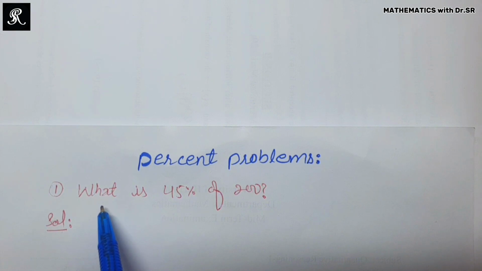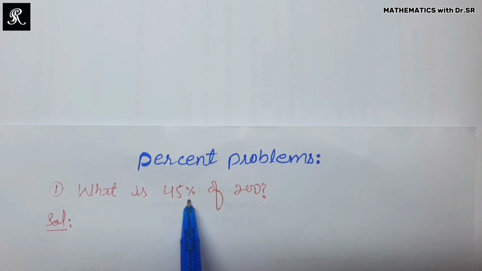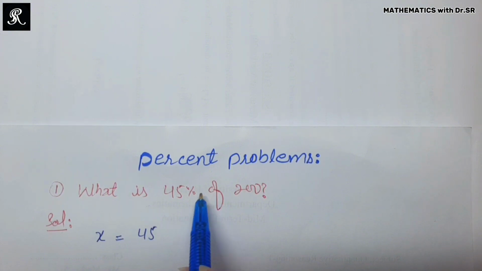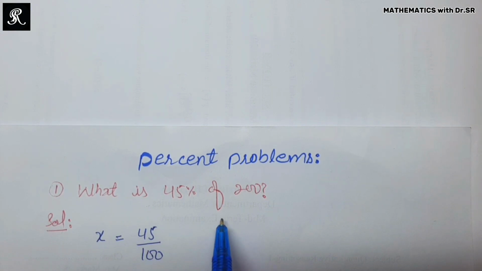We will replace what with x, percent with 1 upon 100, of with multiplication. So the question we can write like x is 45 upon 100, of replaced with multiplication, and 200 as it is.